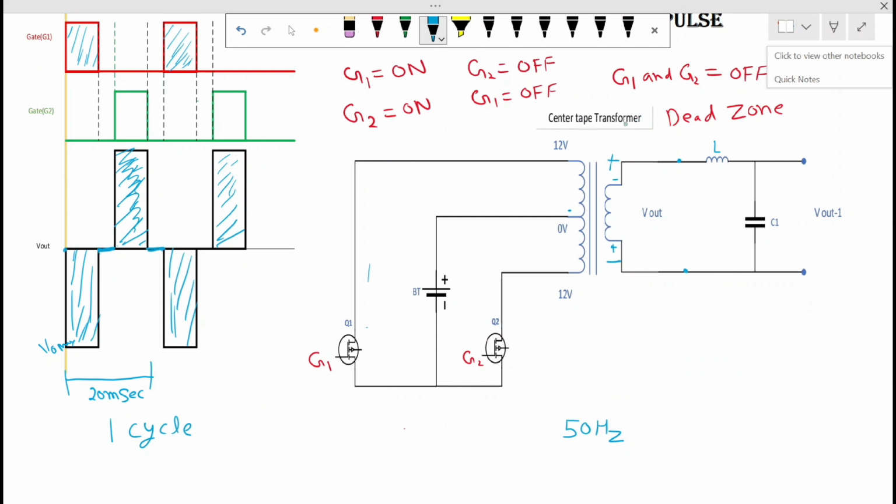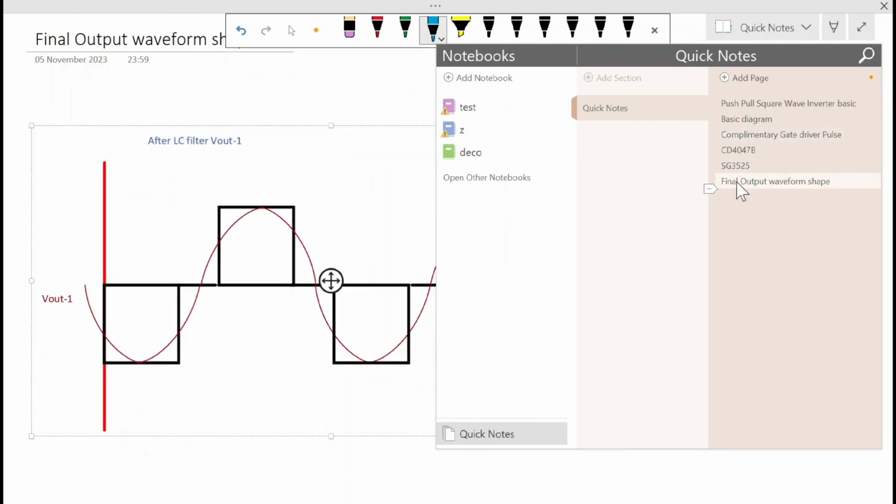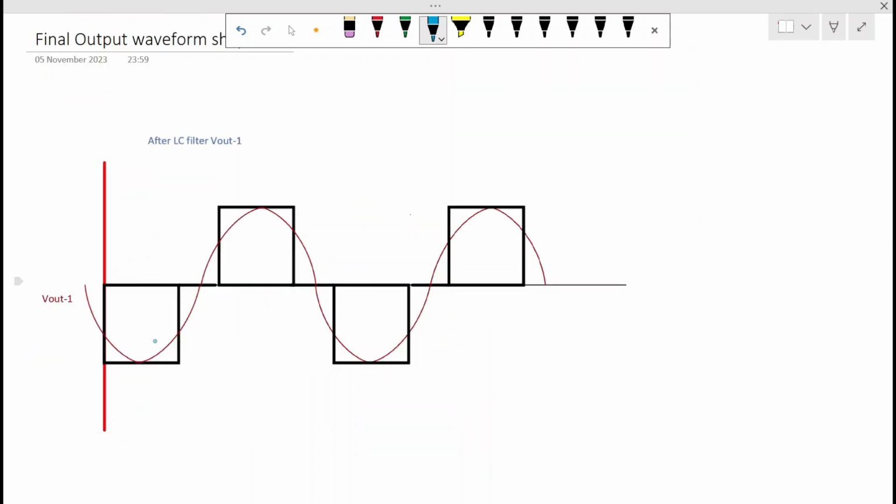So now if we want a sine wave, then we have to place some filter circuitry in the circuit. So I have placed an LC filter, so that I will get the waveform like this.